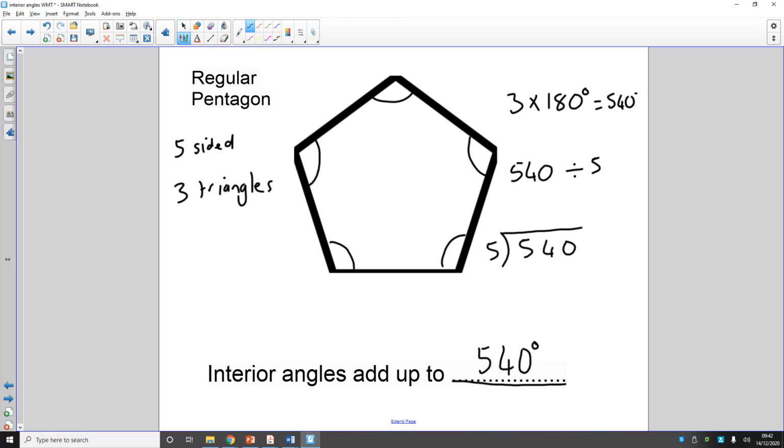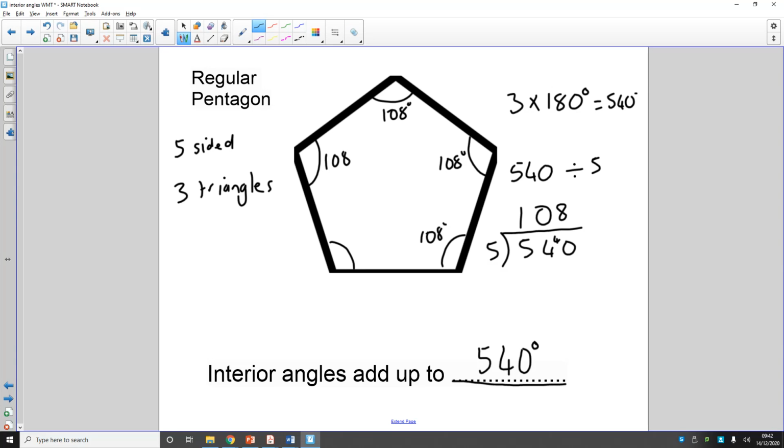Well, how many 5s go into 5? It's 1 exactly. How many 5s are in 4? Well, there's none. So we would carry the 4 over to the 0, and that makes 40. So how many 5s are in 40? There are 8. So each interior angle in this regular pentagon is exactly 108 degrees.